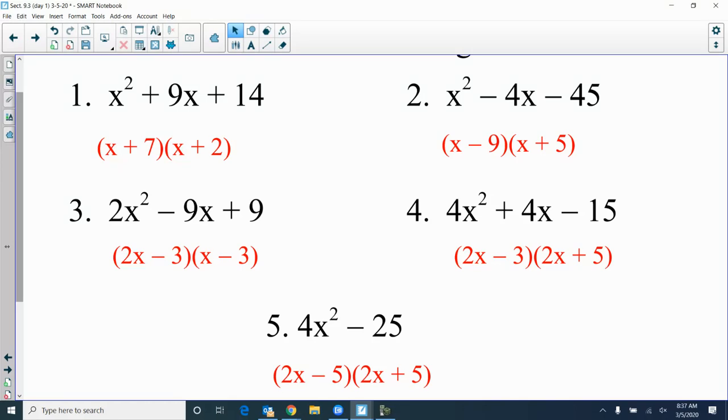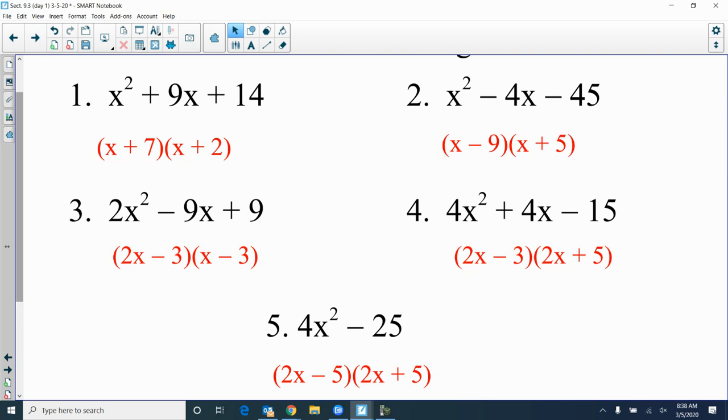But for 3 and 4, you have to multiply 2 times 9, which is 18. What multiplies to 18 and adds to -9? It would be -6 and -3. And don't forget, we make that 2x squared minus 6x minus 3x plus 9.